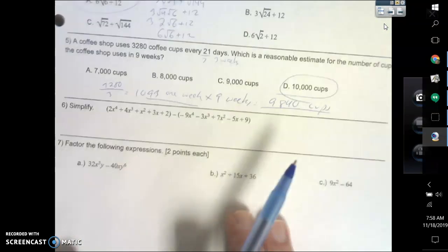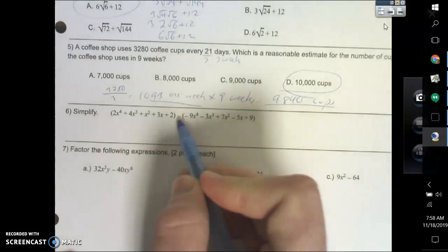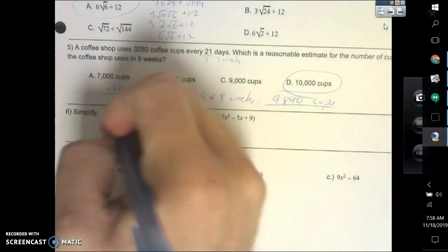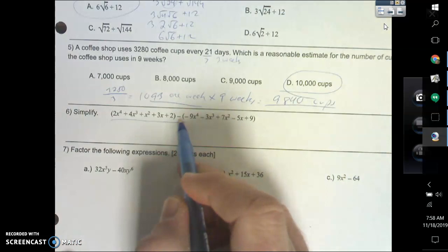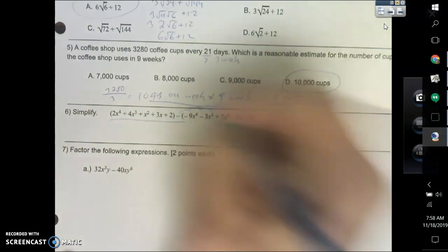Okay, simplify. Polynomial functions. X to the fourth goes with x to the fourth. That's a minus sign. That means the first part stays the same, but in the second part all those signs flip.